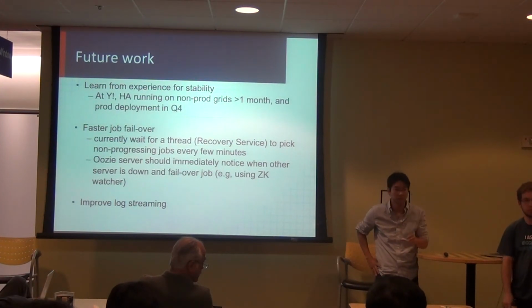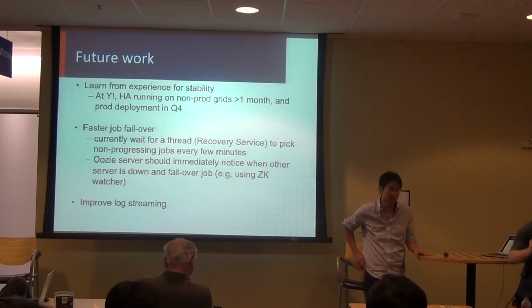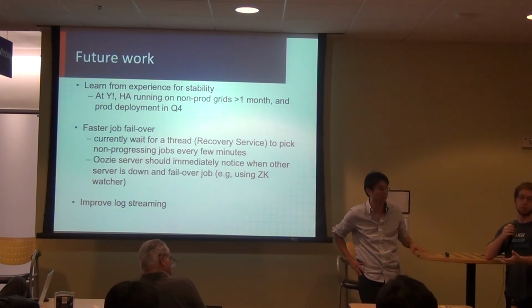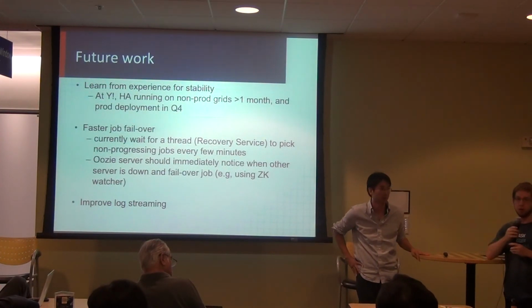How did you test this, or more specifically, how do you simulate the various failure modes you're planning for? So I know that we have some tests where we randomly kill Oozie servers as they're running a bunch of jobs, and then check if the jobs actually finish at the end.